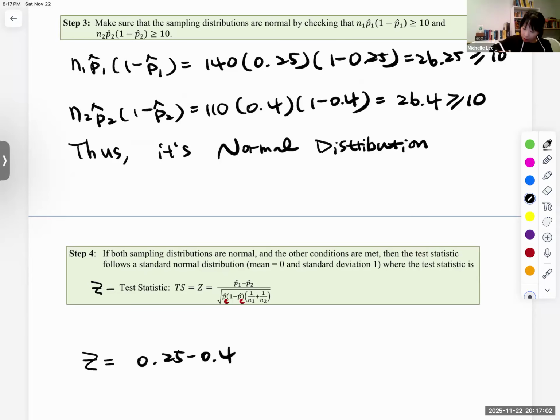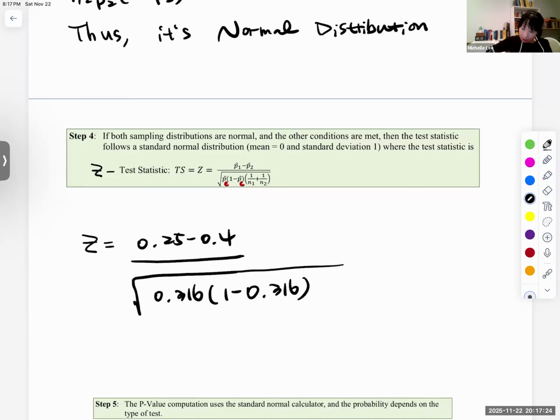Combined is 0.316, times 1 minus combined 0.316, and then times 1 over n sub 1, which is 140, plus 1 over n sub 2, which is 110.